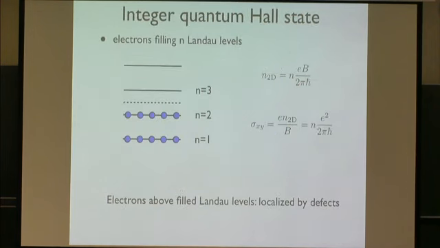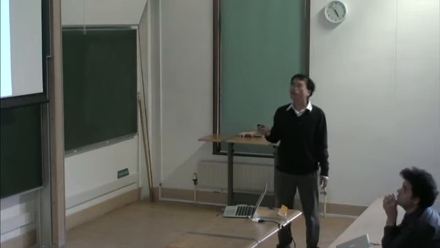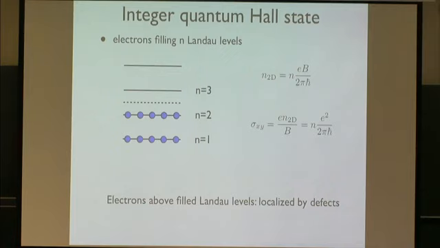That was explained very quickly by using the picture of simple non-interacting electrons in a magnetic field. We know that if we solve the Schrödinger equation in a magnetic field, then the eigenstates of an electron organize themselves into Landau levels. Imagine that we have a situation where we have a chemical potential that lies between two Landau levels.